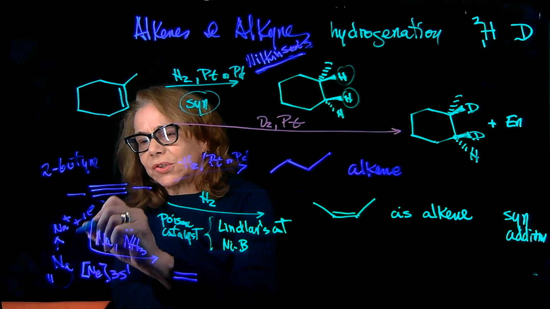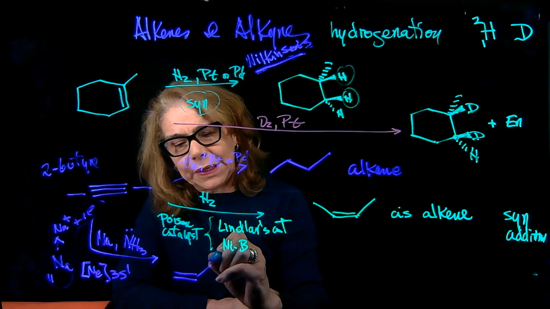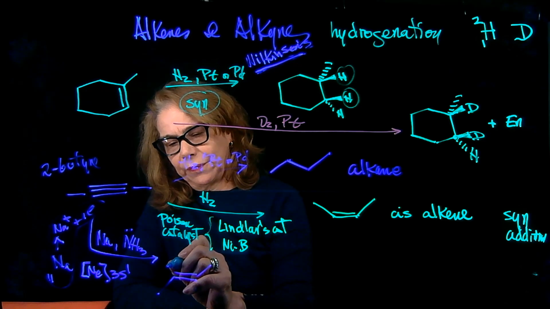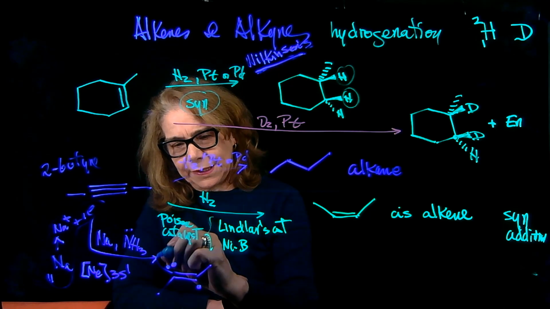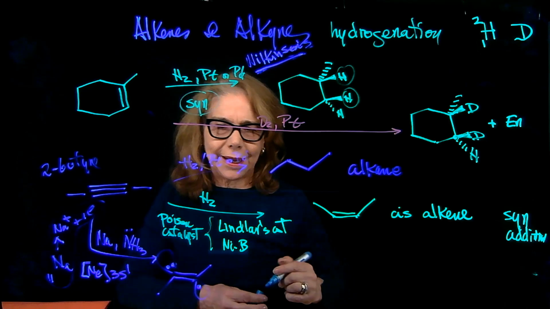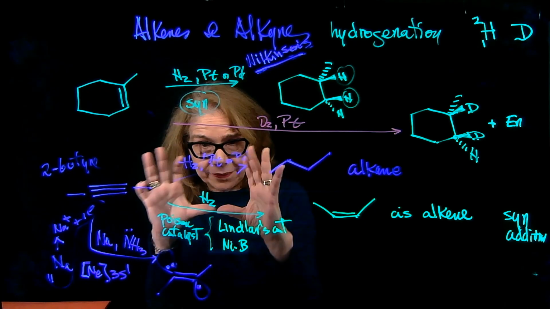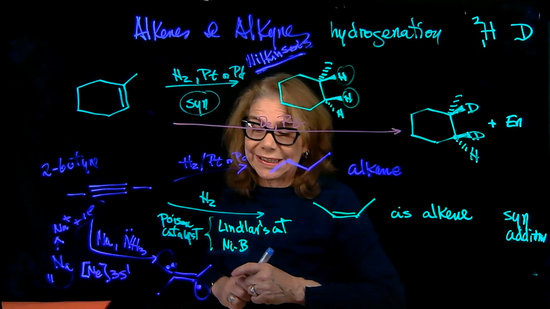So this reaction is a radical reaction. It produces an intermediate, a radical anion. That's important because of the mechanism. Having that intermediate is what defines that the product you get is trans.